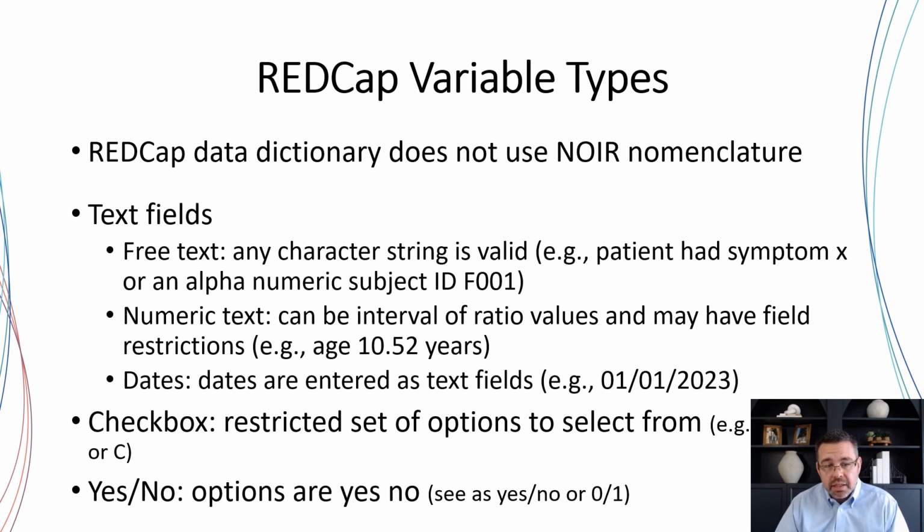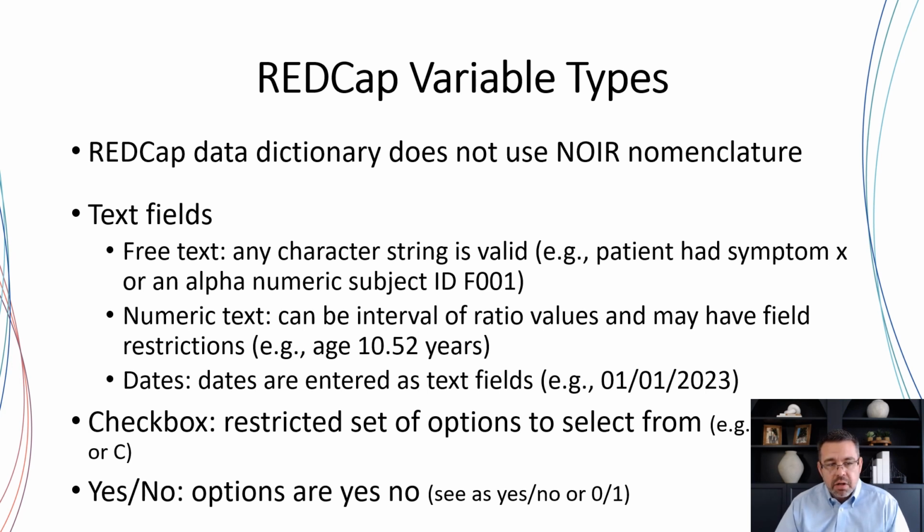Dates can also be text, and so you'll see that as well when you look through your data dictionary. And so you'll see date entered as text. Usually it is date underscore month, day, year, something along those lines. And again, in the back end, we'll just have the dates in the database. Checkboxes are very common. You'll see those. Those are, I think, very intuitive.